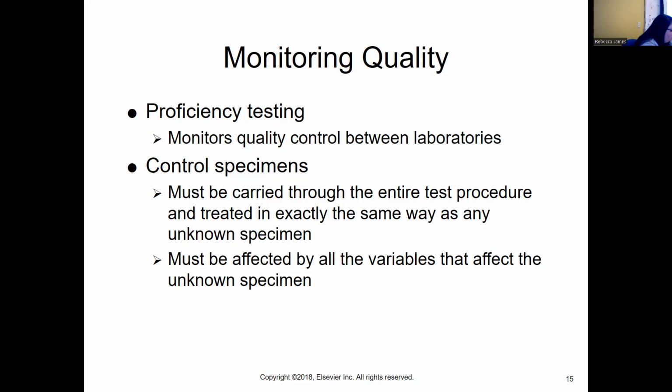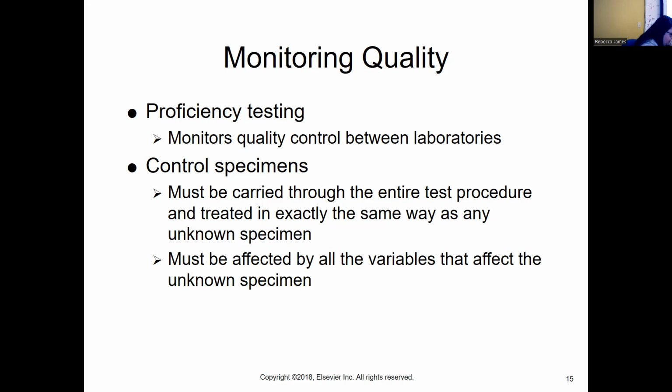Identical samples are sent to a group of labs participating in this PT program. Each lab analyzes that specimen, reports the results to the agency, and is evaluated and graded on those results compared to the ones from those other labs. In this way, QC between labs is monitored.